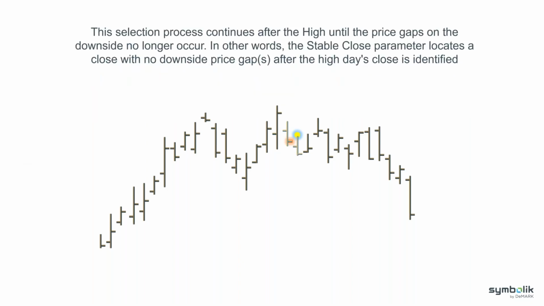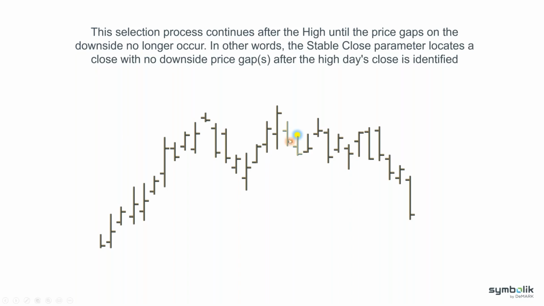This selection process will continue after the high until price gaps on the downside no longer occur. In other words, the stable close parameter locates the close with no downside price gaps after the high day's close is identified. This is a default setting.